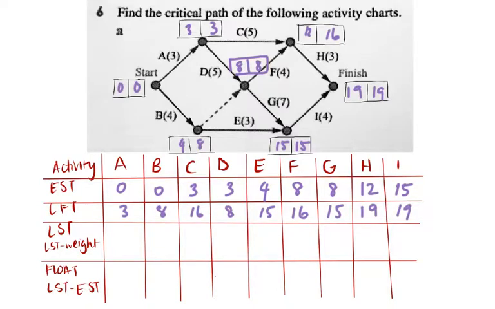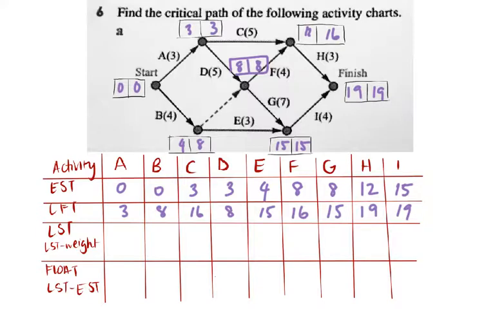So you've got to remember, when you're going through forward scanning of earliest start time, you want to be looking at the largest amount when following the pathways, whereas doing backward scanning and trying to find the latest finish time, you're looking for the smallest duration.